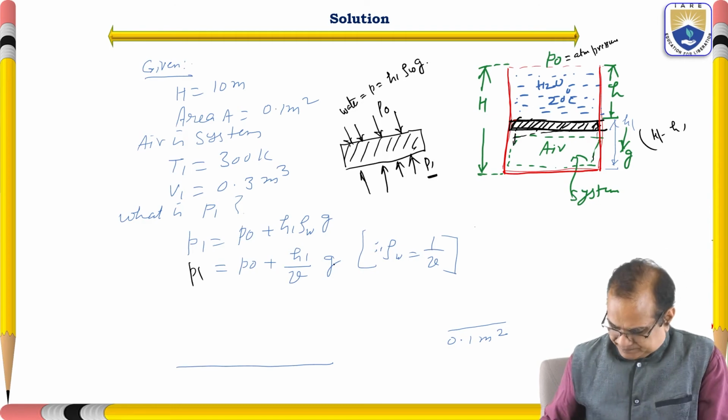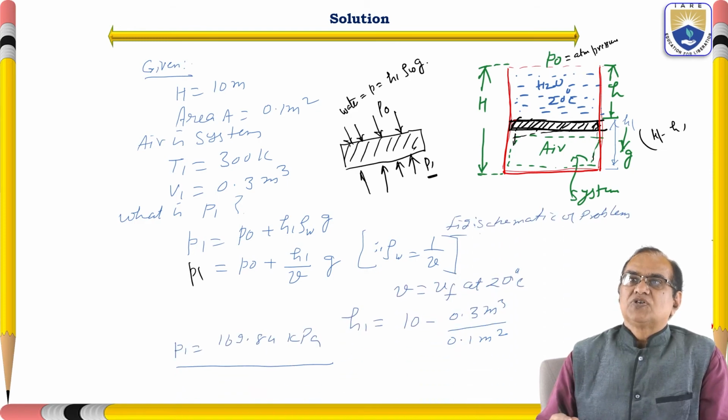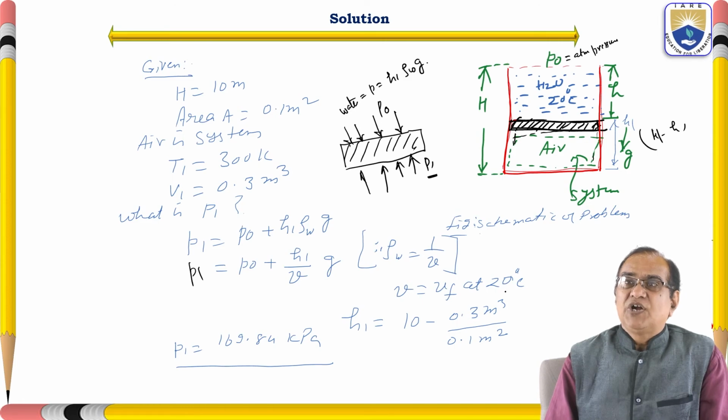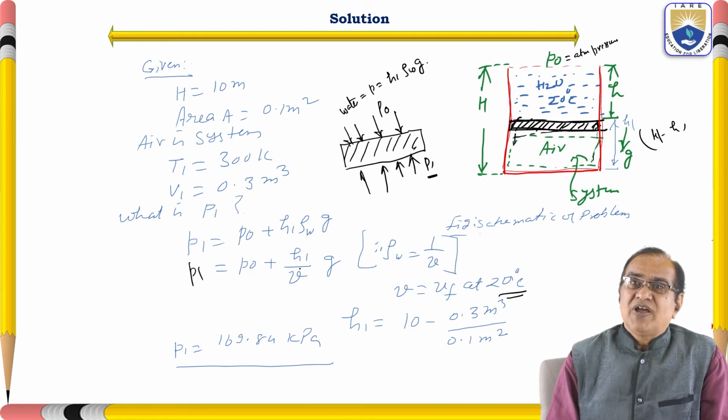Here v is equal to vf at 20 degrees centigrade. So at 20 degrees centigrade we will find out vf and put this value in. H1 we have got, g we know, P naught we know. So we will get P1.